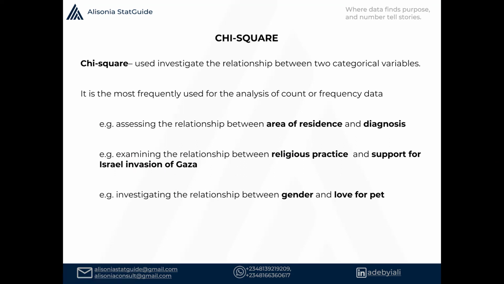In support or not in support is a categorical variable. The religious practice like Muslim, Christian, Jew, and so on, is another categorical variable. If you want to know the relationship between the two, then you use chi-square because it involves two categorical variables. So if the variables are quantitative, we are not going to use chi-square, we use regression or correlation.